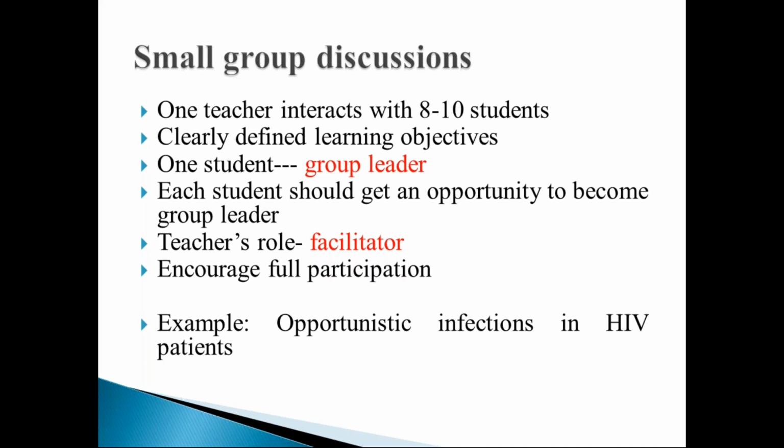The role of the teacher is facilitator, and he should ensure that in subsequent group discussions each student gets an opportunity to become the group leader, and that every student participates. This is only one example; there are plenty of topics where we can use small group discussion, like opportunistic infections in HIV.